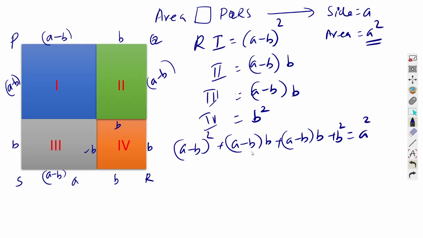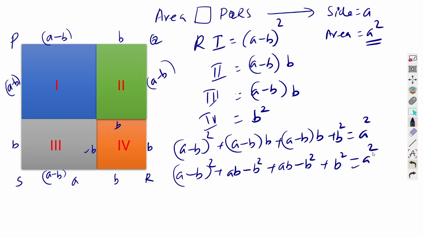Understood? I can just expand this. A minus B whole square, A minus B into B means AB minus B square, plus, again, AB minus B square, plus B square is equal to A square.